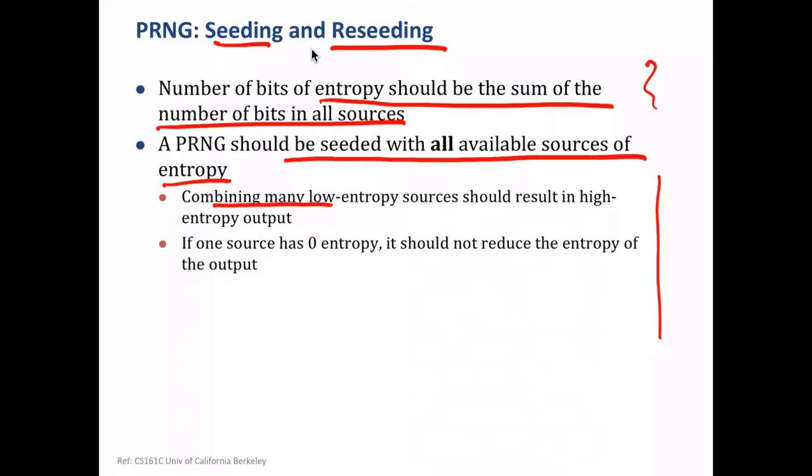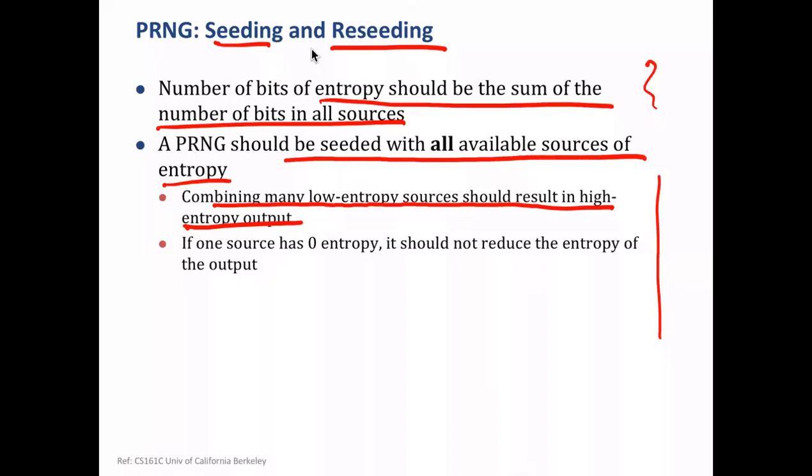Combining many low entropy sources should result in a high entropy output. It means that we have many sources that are of low entropy, so their predictiveness is not that high, but once we combine them, it should be done in such a way that the overall output of that combination has high entropy.